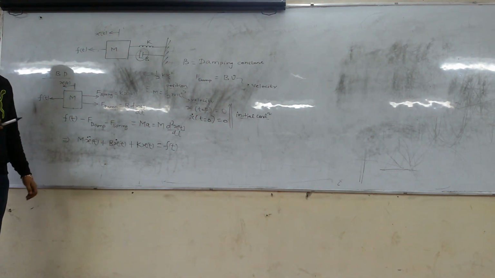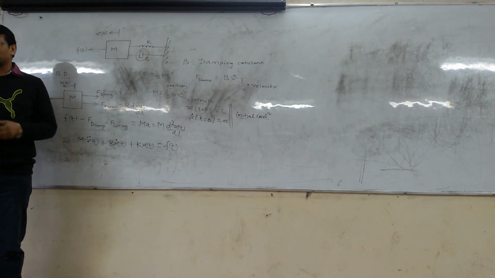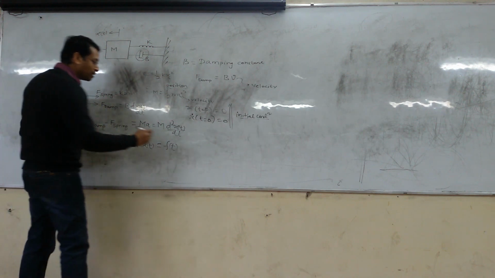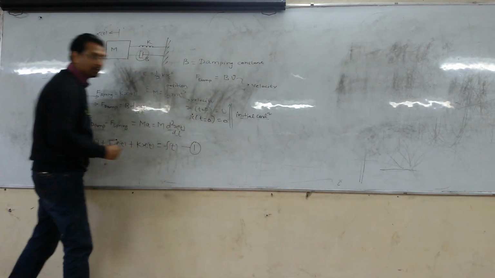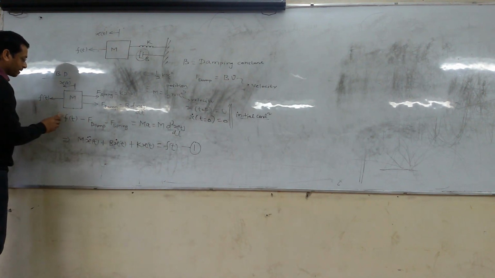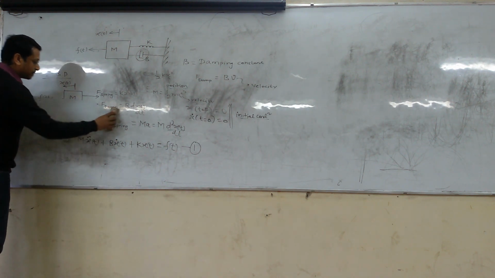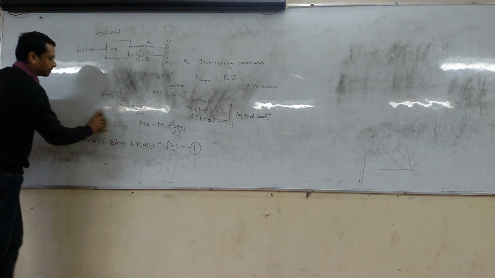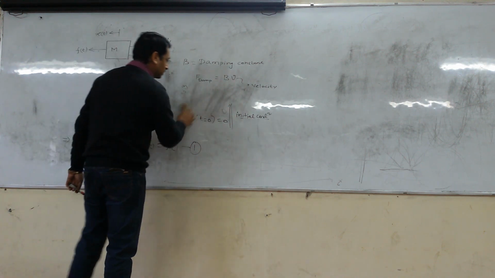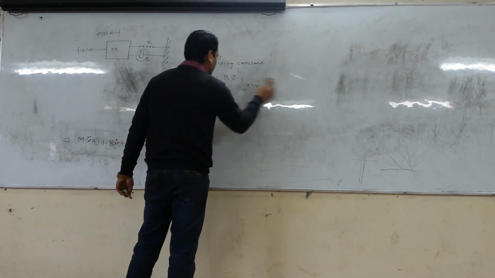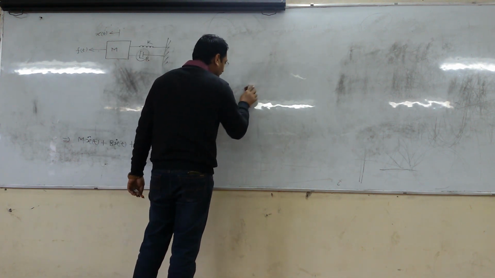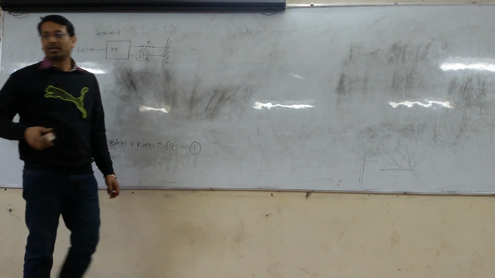Now take the Laplace transform, because transfer function was defined in terms of Laplace transform. So take the Laplace transform of this equation 1 and let me know what you do. I am going to erase these things. This is a very basic numerical which I am solving for you, so that you can understand the concept behind it very well.